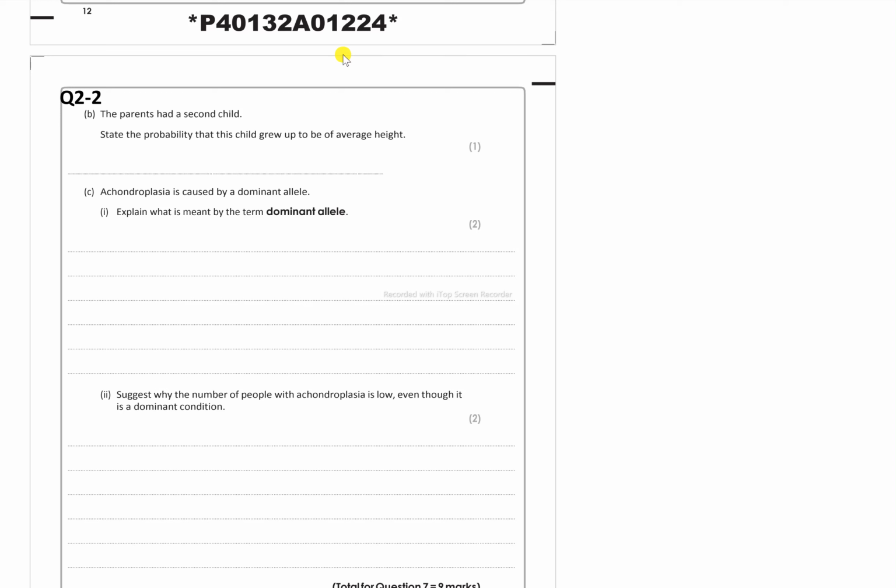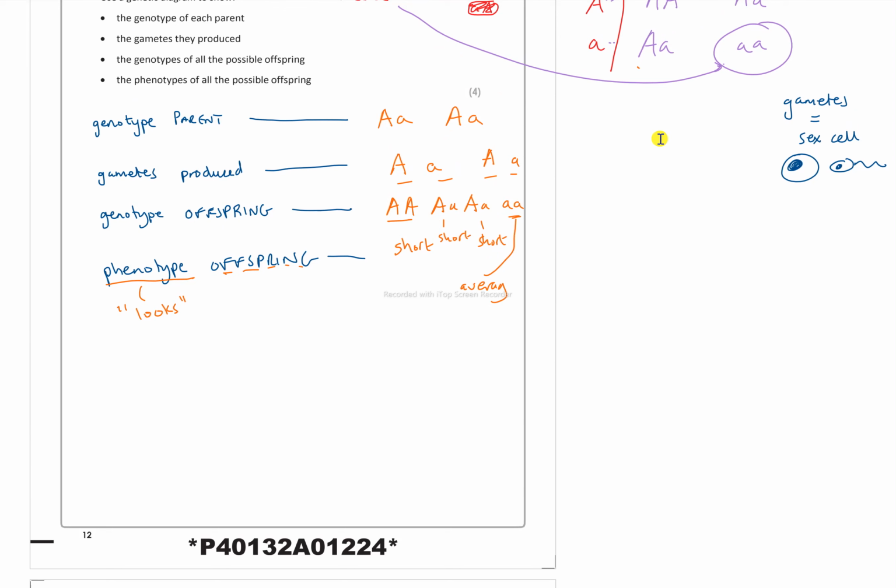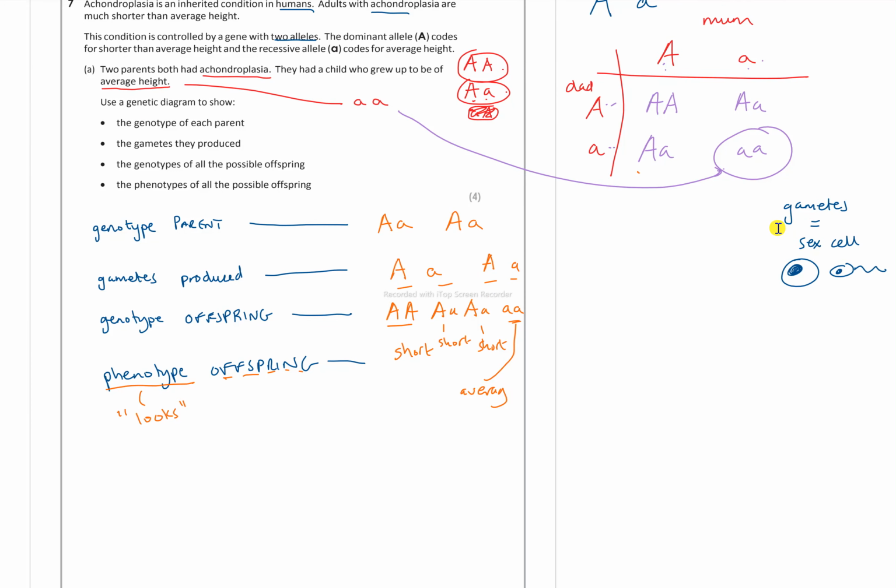The parents had a second child. State the probability that this child grew to an average height. So again, let's look at it here on the Punnett square.